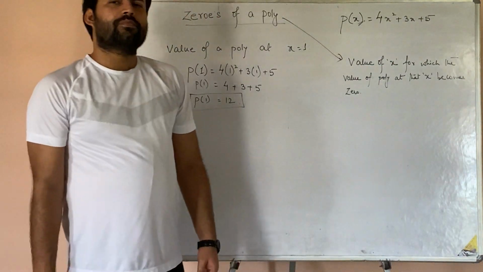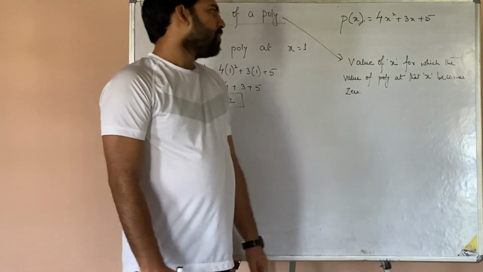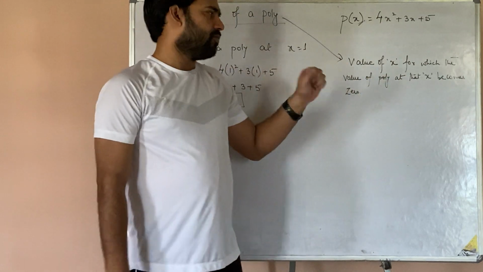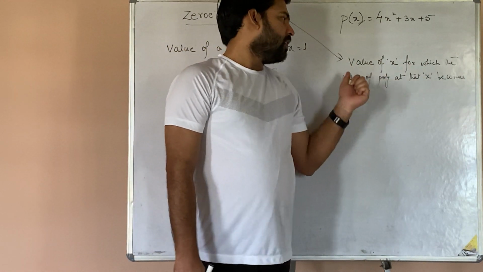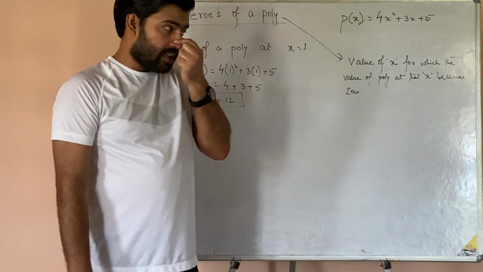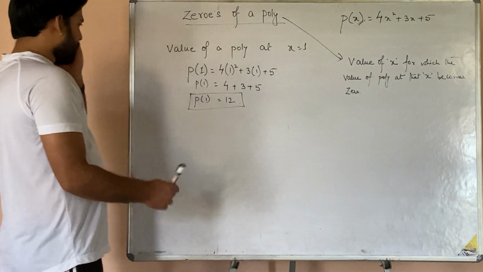We are by default taking x, but it could be y, z, whatever it is. You can simply write down variable instead of x. So the value of the variable for which the value of the polynomial at that variable, or rather at that x, becomes 0.